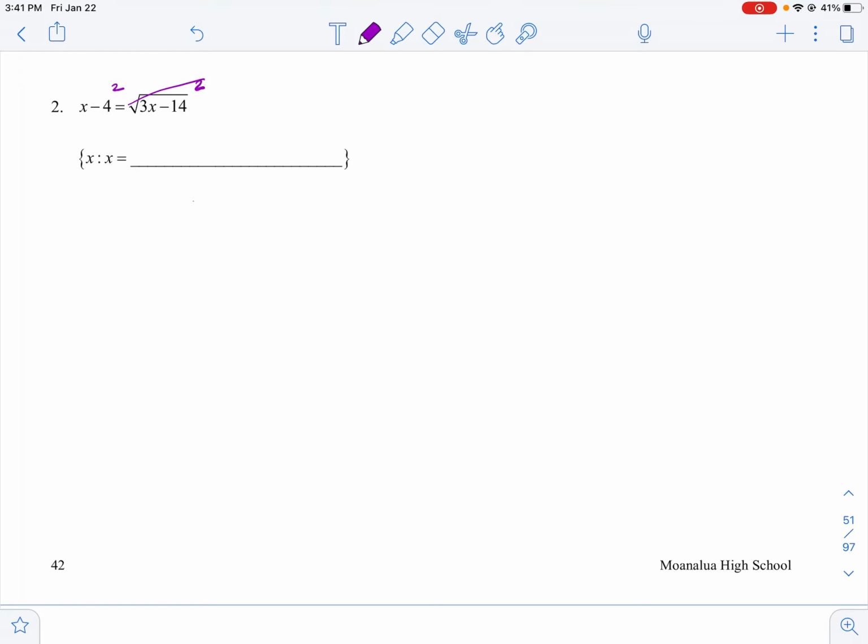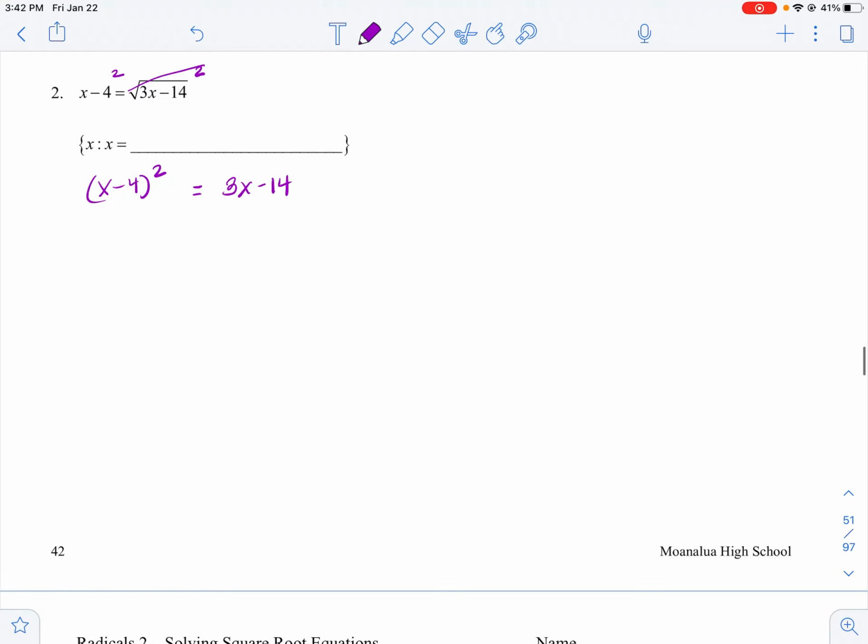So we have here 3x minus 14. And of course, we have x minus 4 squared. And we already know from the past lessons that when we are talking about x minus 4 squared, that just means that we have x minus 4 times another x minus 4. So I'm going to have two of them here.